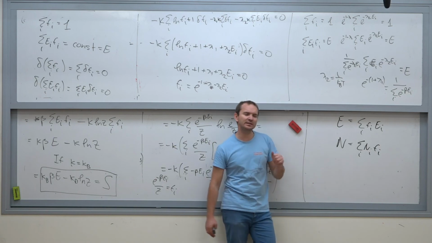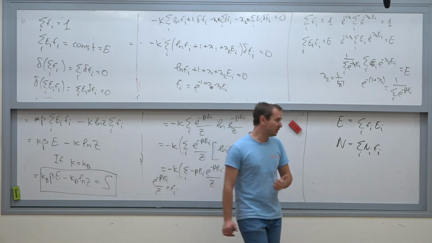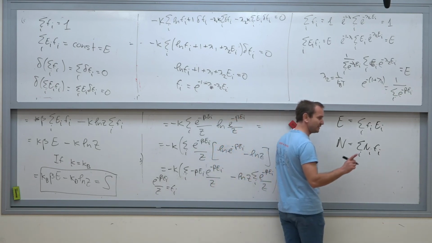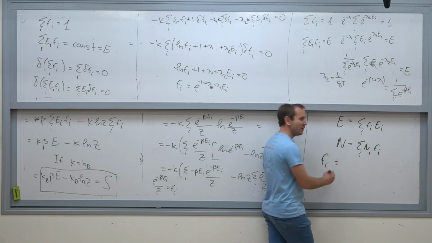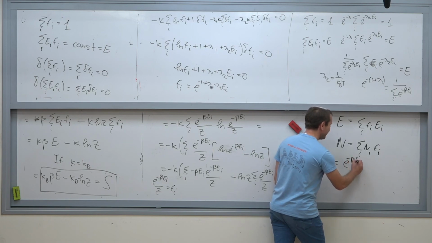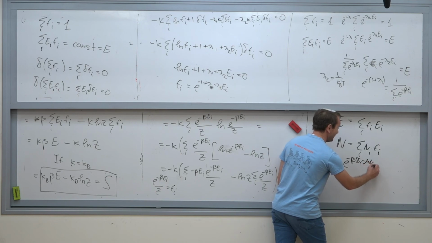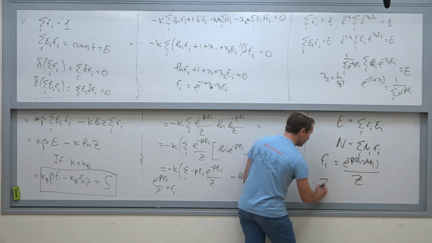Now, we can use again this formalism of maximization of entropy, when we define the entropy as a disorder. And what we obtain is that Fi equals e to the minus beta Ei minus mu Ni, divided by Z. And what is the partition function in this case?